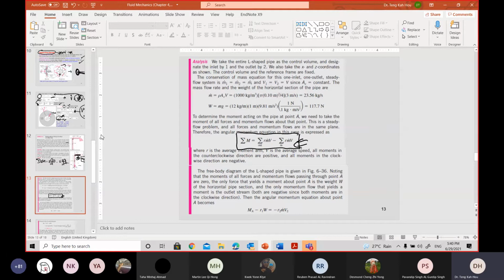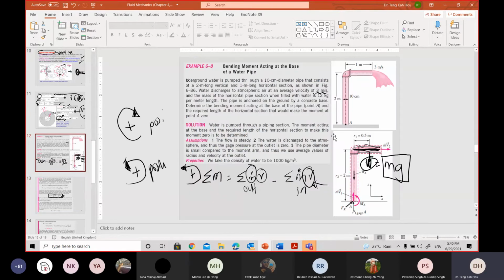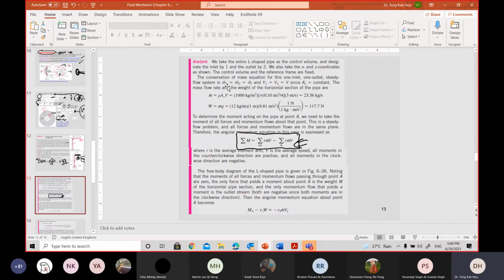Am I right? And this case is conservation of mass, because everything is in the same system and the same diameter. That's the key thing. That's why you should expect M1 equal to M2 equal to overall M. That's why you can use rho A times V to get your mass flow rate.